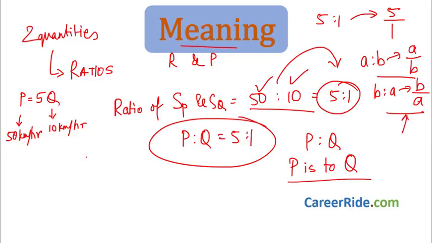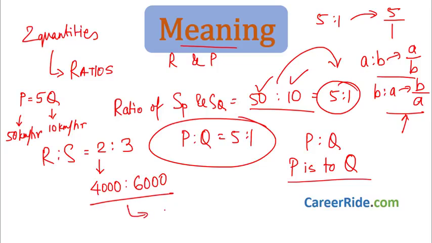Like, say we ask what is the ratio of income of Ramesh to Suresh, and say the ratio is 2:3. That means if the income of Ramesh is, assume, 4,000 rupees, then the income of Suresh would be this divided by 2 into 3, 6,000 rupees, because when we reduce this, we get 2:3 as the ratio.